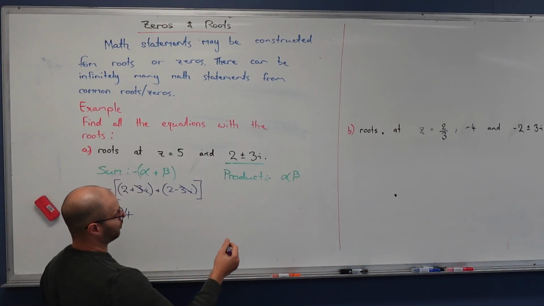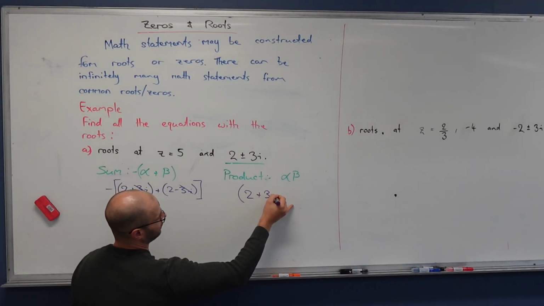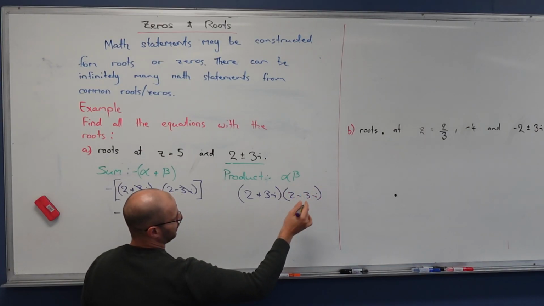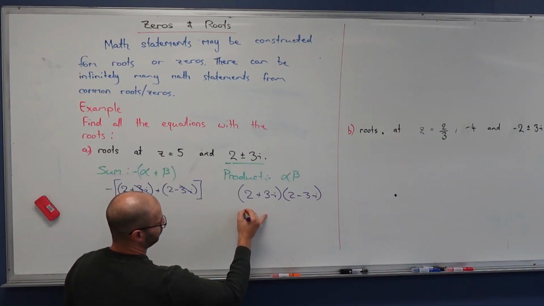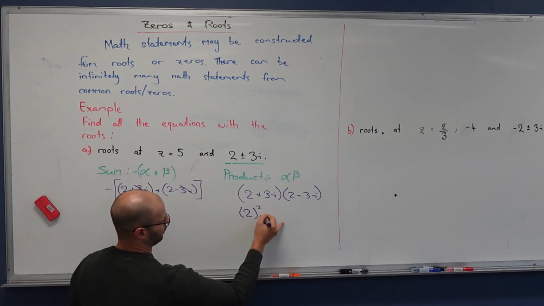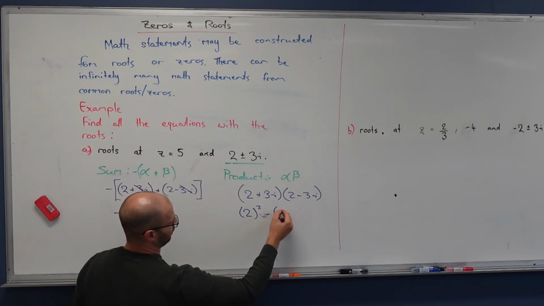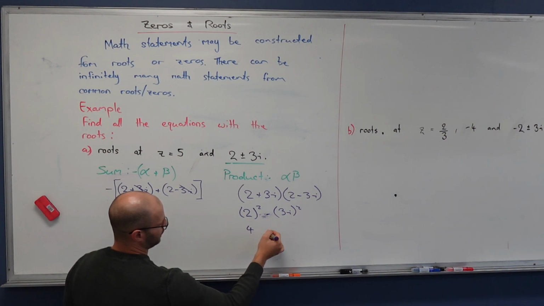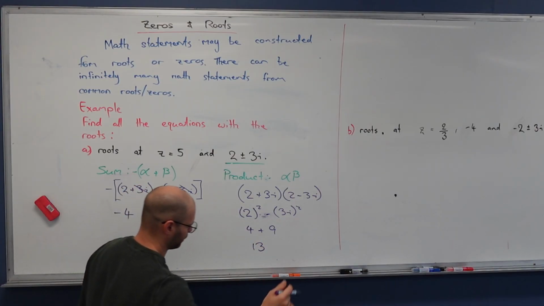On the other hand, our product is going to be 2 plus 3i times 2 take 3i. This is going to be the difference of two squares situation, so we get 2 squared take 3i all squared. This becomes 4, and this is going to become plus 9, so that's going to be 13.